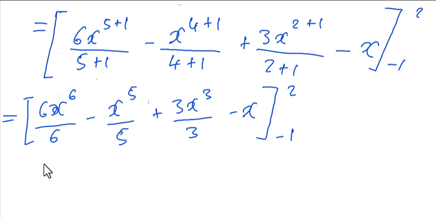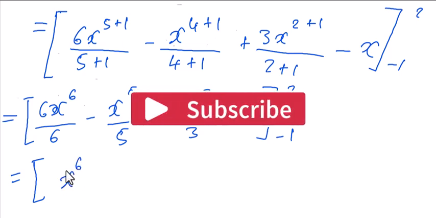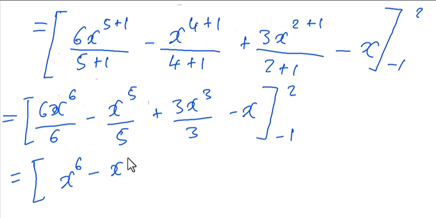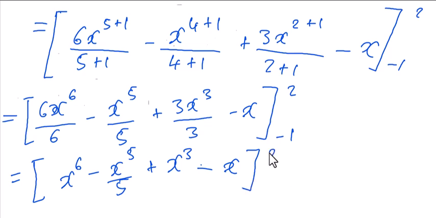So after we work out and reduce this, we are going to have just x to the power 6 minus x to the power 5 over 5 plus x to the power 3 minus x, with limits 2 and -1.